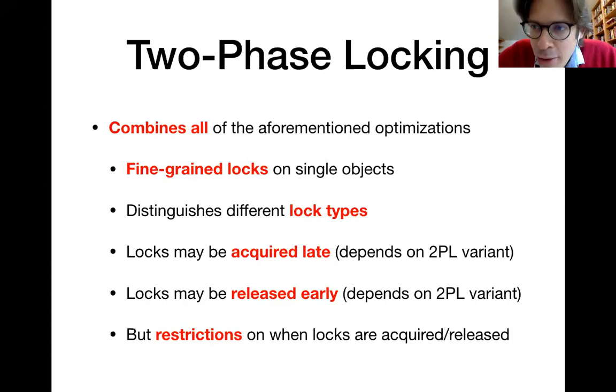Depending on the variant of two-phase locking, it might allow transactions to acquire locks late. Also, depending on the variant, it might allow transactions to release locks early. There are, however, some restrictions in general about when transactions might acquire and might release locks.